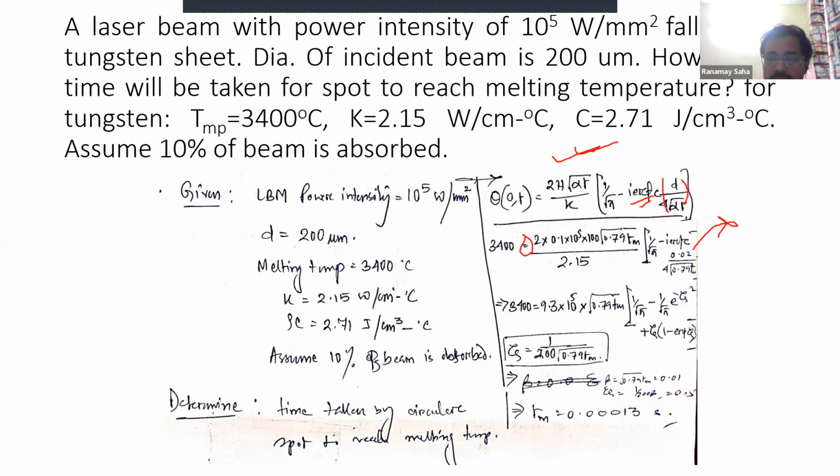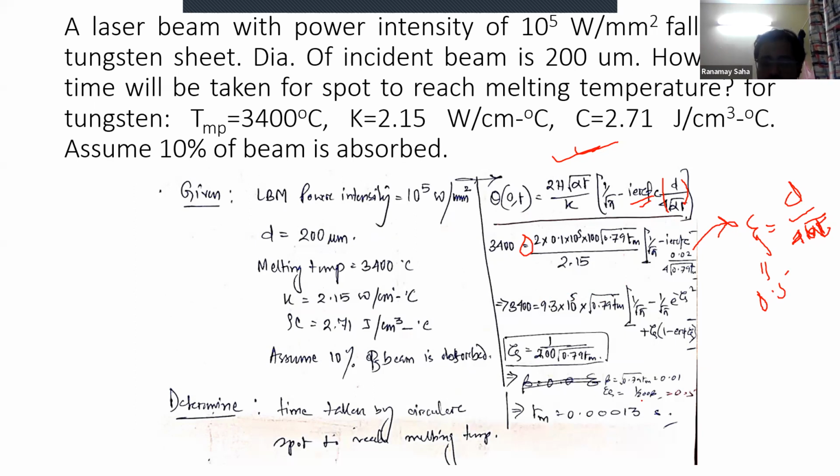From that you take the argument value corresponding to that particular imaginary error function value, and then you find the unknown variable. In this case, Xi is nothing but d by 4 root of alpha t. We have found that for a value of Xi equal to 0.5, the LHS and RHS become equivalent.